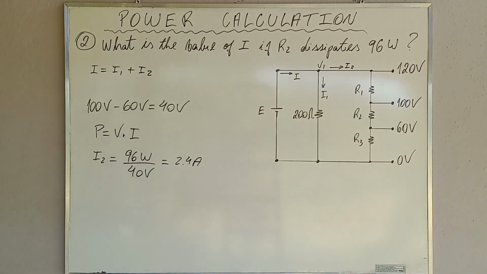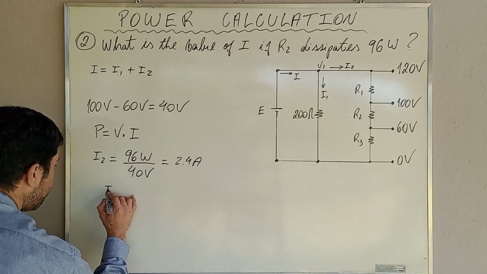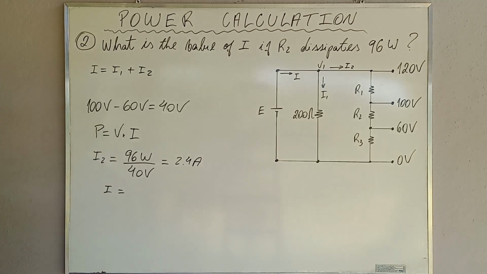We already know I2. Therefore, I, the current of the source, will be equal to I1. How can we write I1?